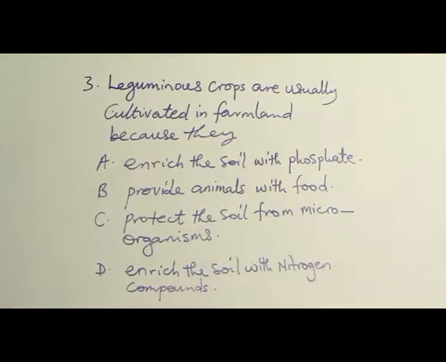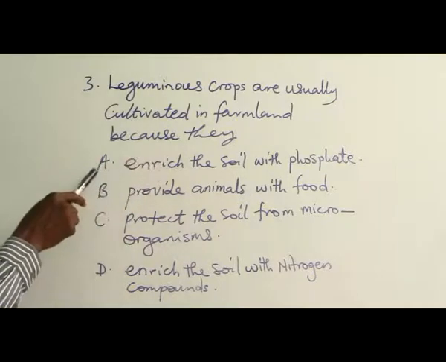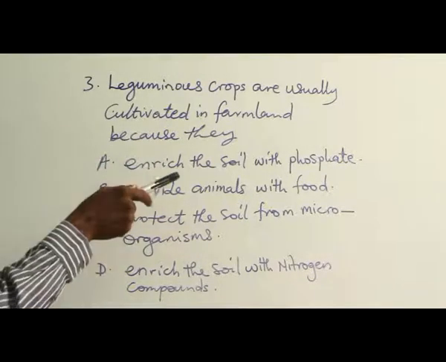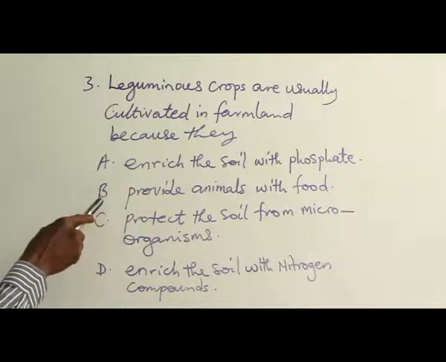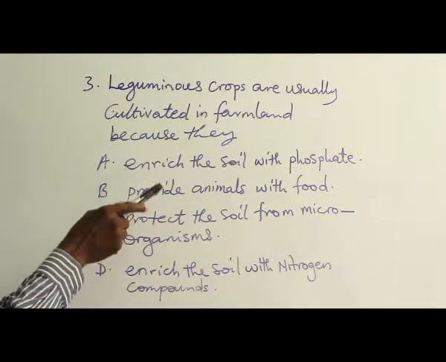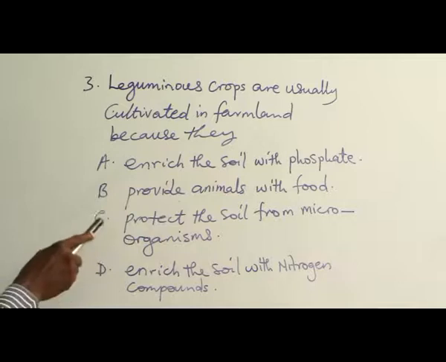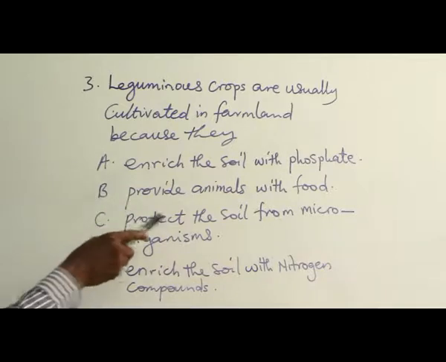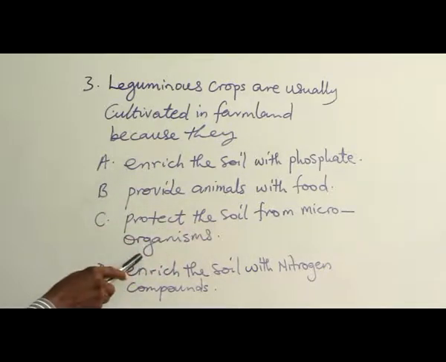Example 3. Leguminous crops are usually cultivated in farmland because they: A. enrich the soil with phosphate, B. provide animals with food, C. protect the soil from microorganisms, D. enrich the soil with nitrogen compounds.